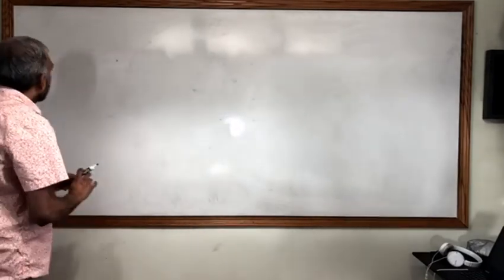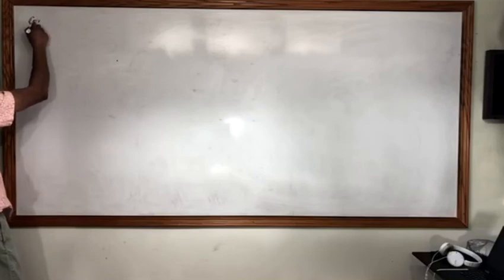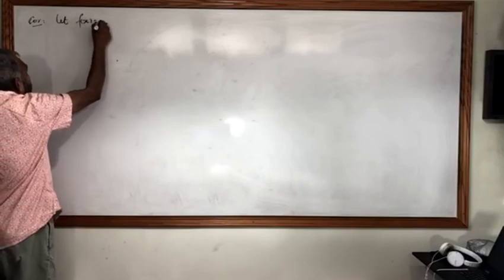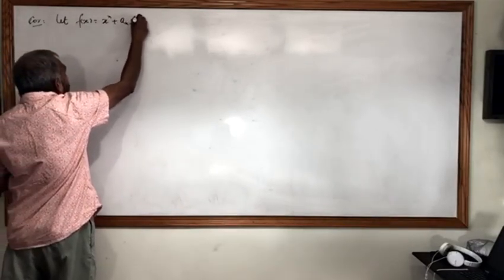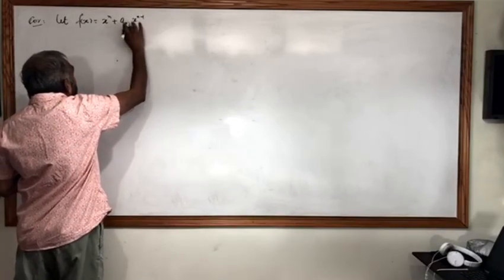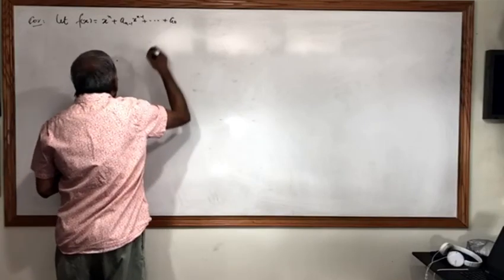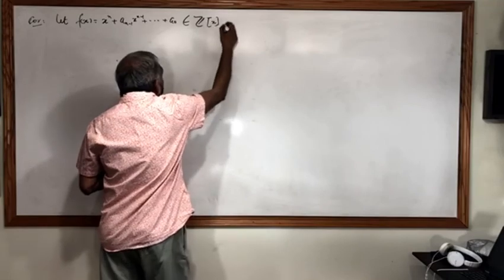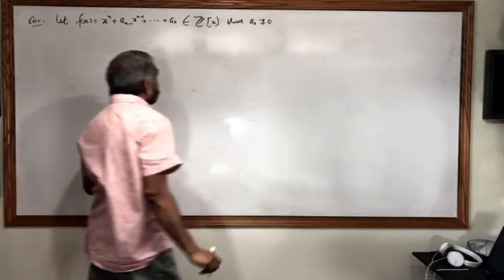Let us do a corollary of this theorem. Let f of x be equal to x to the power of n plus a n minus 1 x to the power of n minus 1 plus and so on plus a0 belonging to Z of x, where a0 is not 0.